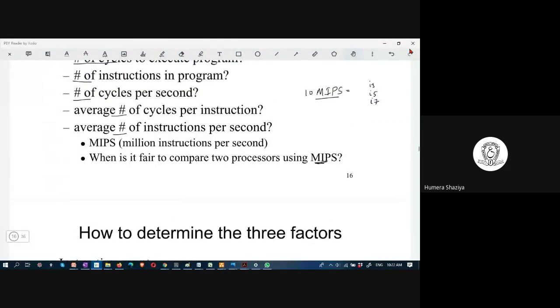Well, the answer would be when all the factors of a processor and of a system are the same, then we can go for million instructions per second.